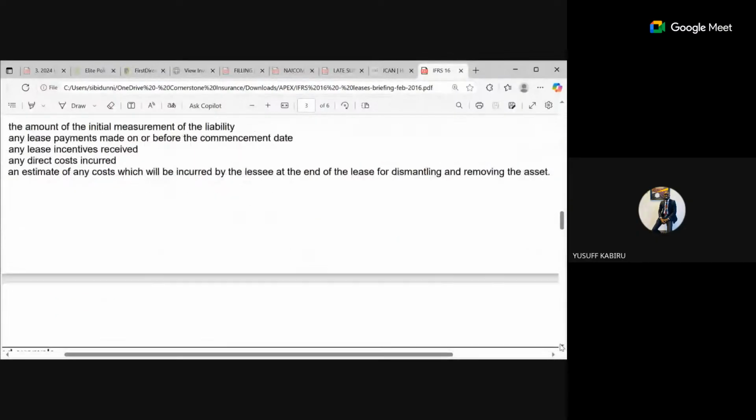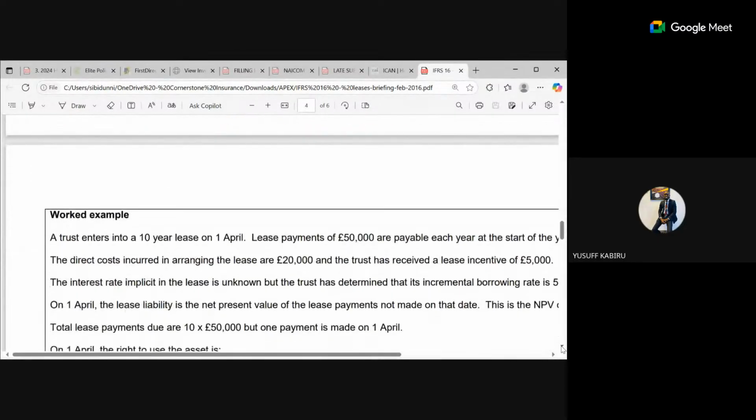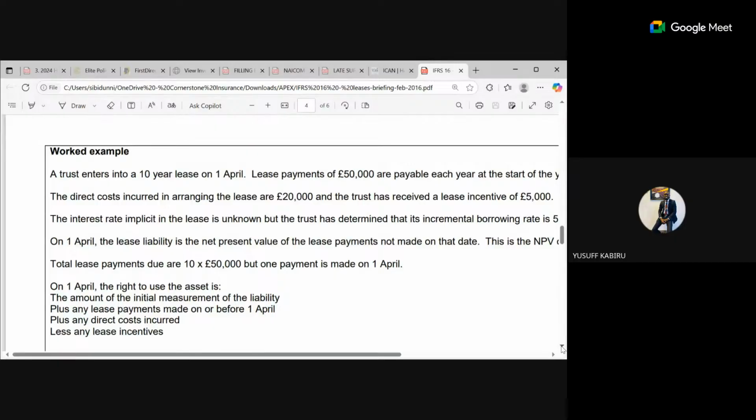So these are the makeup of what the lease is all about.